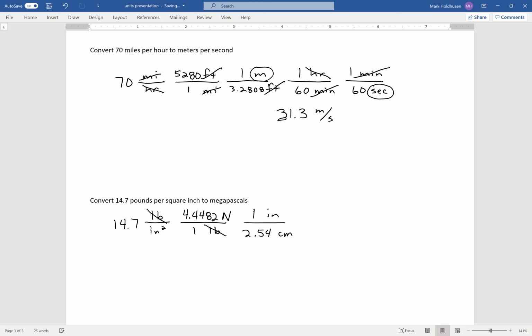But now what you need to recognize is this is actually inches squared. So what I need to do is I need to square this as well as this. So rather than 2.54, it's actually 2.54 squared, so that I can get from inches squared to centimeters squared.